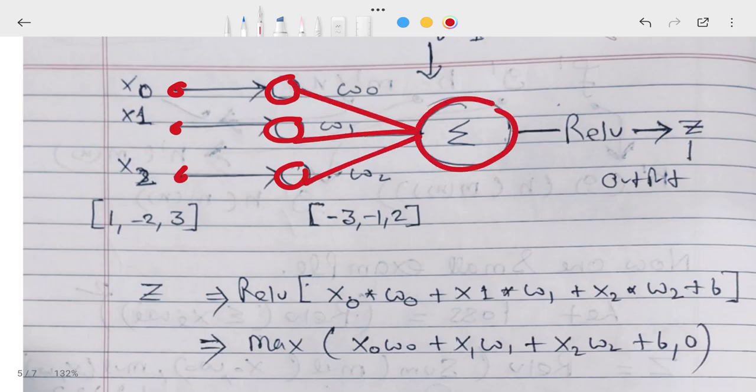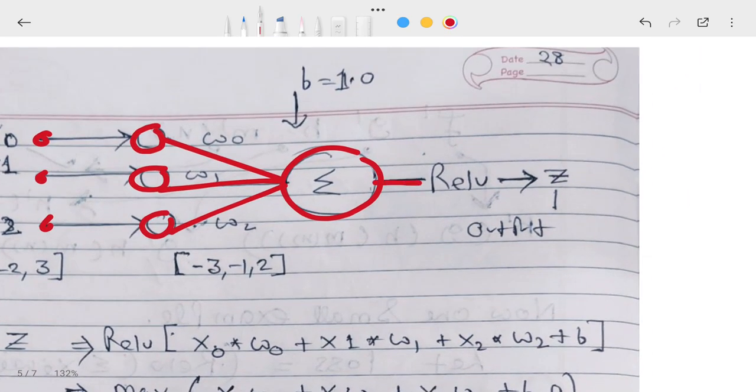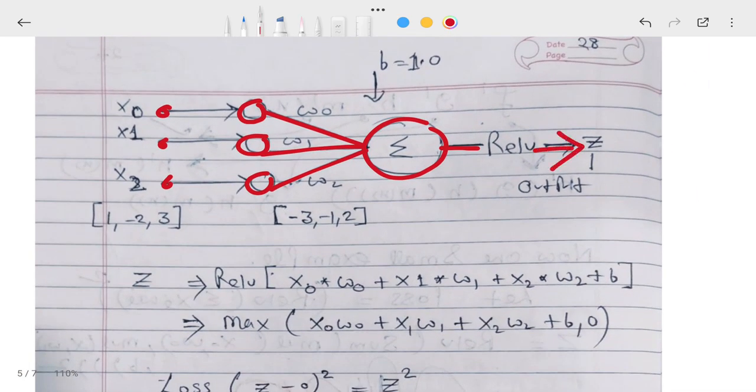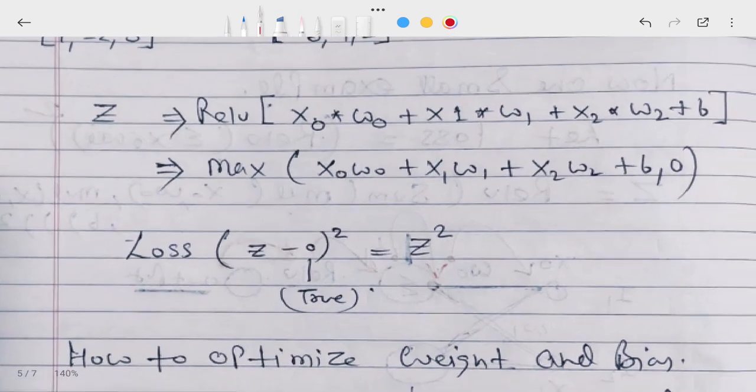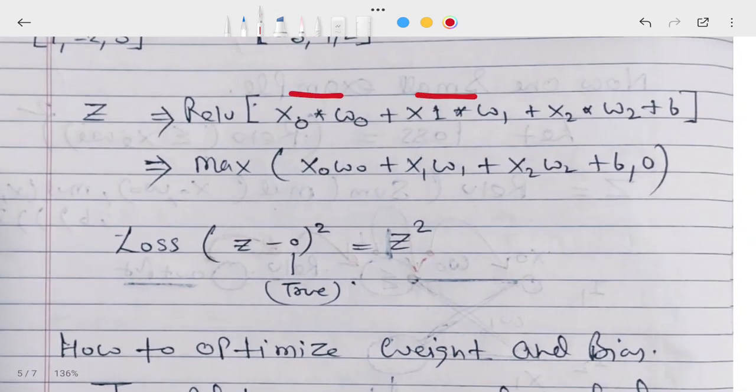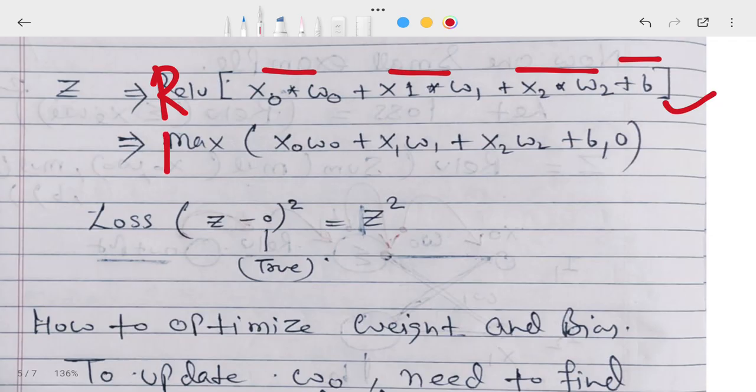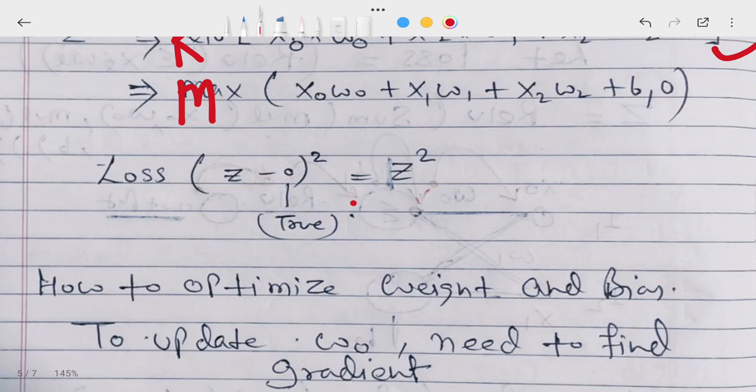I sum, then I use ReLU, then I get the output. This is the forward pass. ReLU means max. So loss is equal to z minus my true value, which is 0. My target is 0, so this is z square.